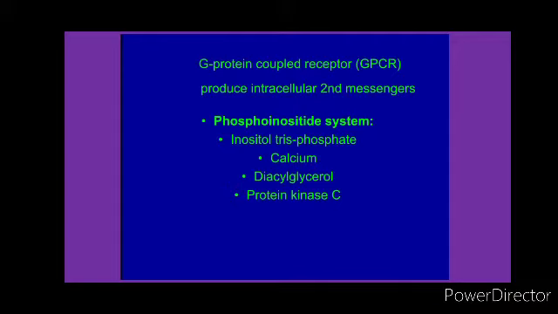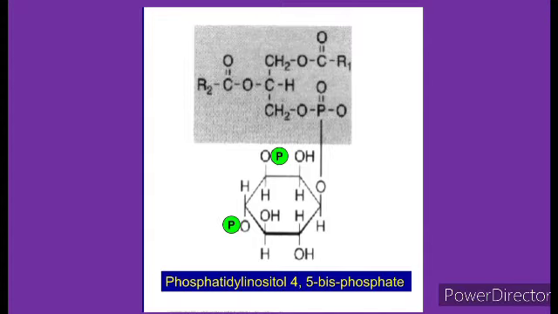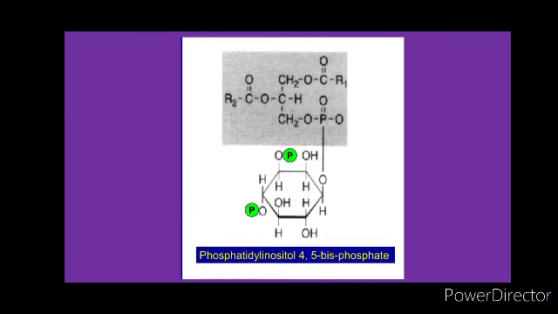But first, I want to introduce you to one molecule that is in the membrane. For those of you who are chemically a little bit challenged, I'll try to explain that to you.